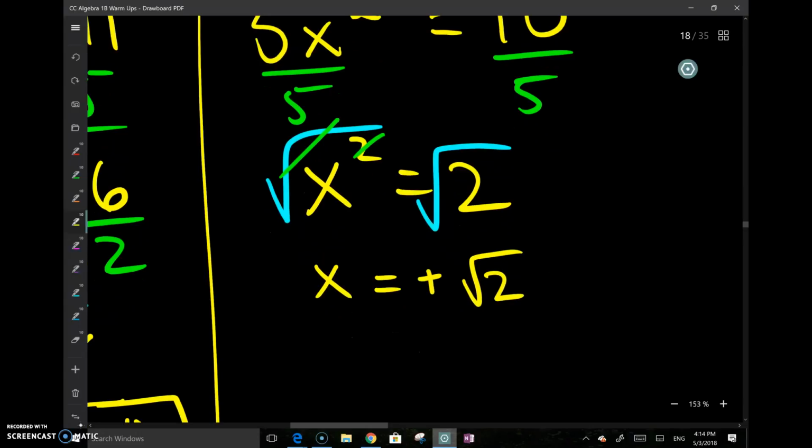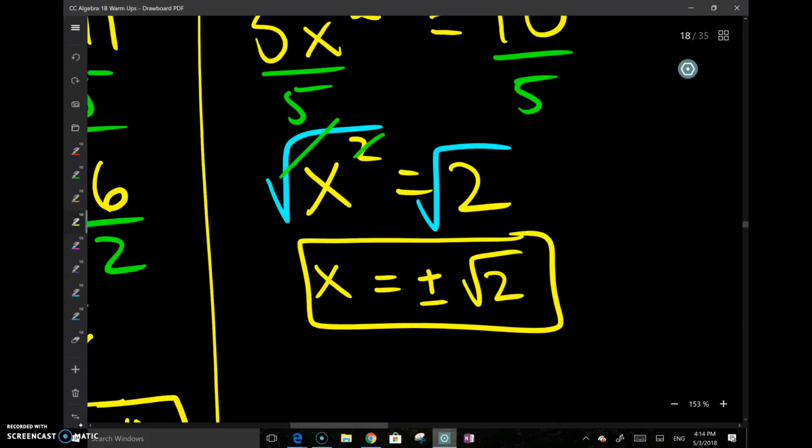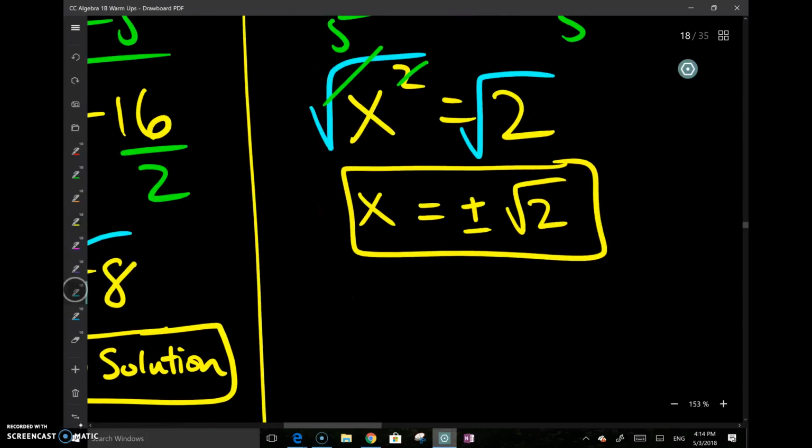And I'm simply going to represent this because I have an actual value that's not 0, but it's a positive value. That means automatically that I'm going to have 2 of them, one positive and one negative. And what this means is that, once again, I have 2 x-intercepts.